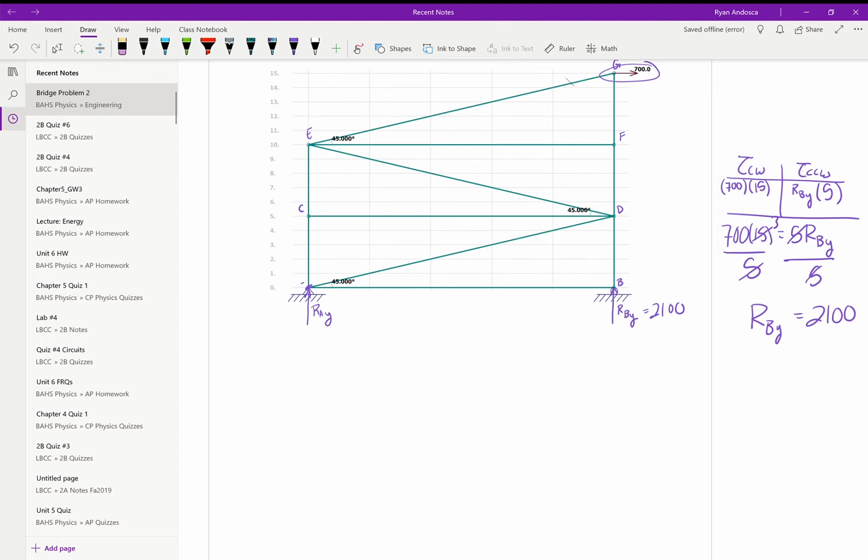So that means this arrow is actually going to the left, and it is 700. And then similarly, the ups and downs have to cancel. We have an up of 2100, which means that RAY is actually a down, and it's a down of 2100.